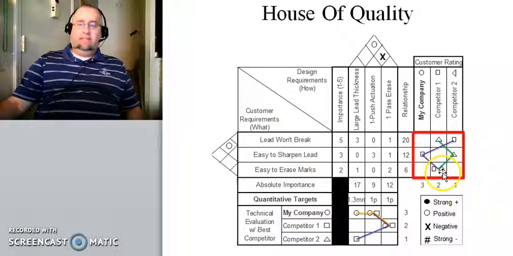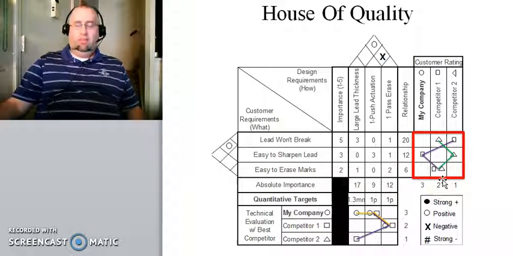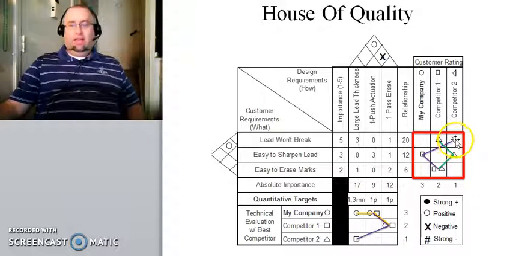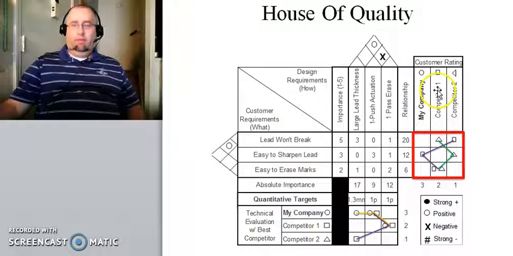And then in terms of easy to erase, well, they're about the same. The lead gets pushed into the paper the same amount. The eraser is just as easy to use in either case. And so I've got both of them rated as a 2. And then what I'll do is just connect the data points to each other. So you can see this purple connection represents competitor 1, and this green connection represents competitor 2.